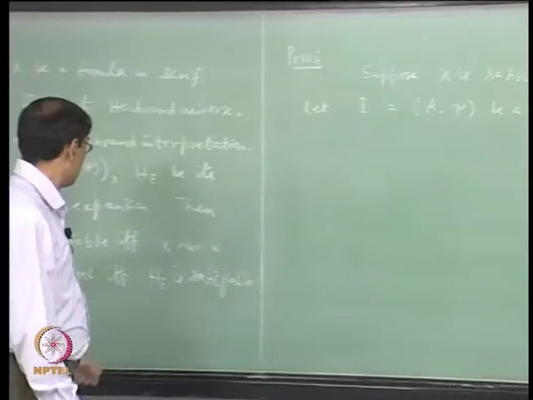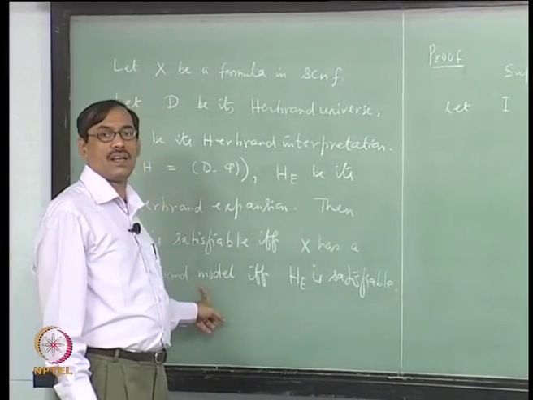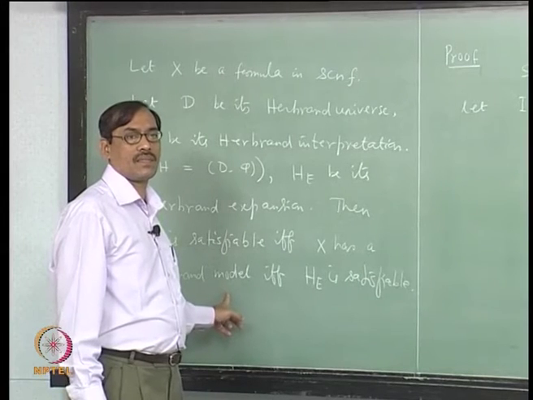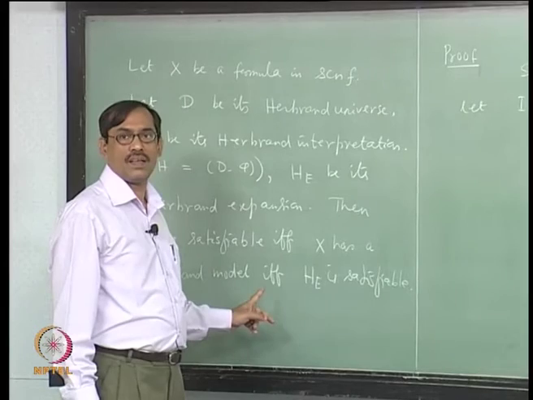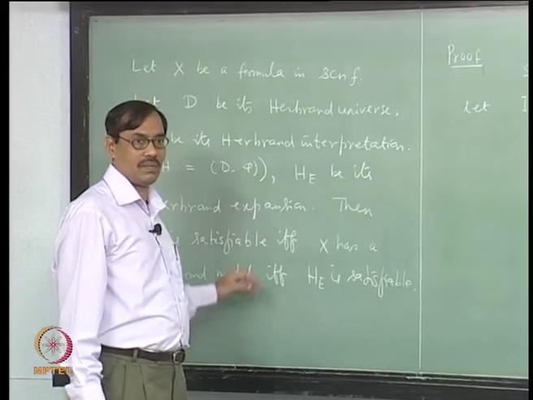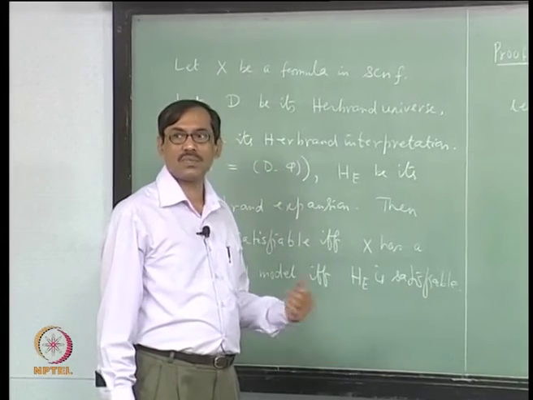Now, we want to show that this has a Herbrand model, okay. So, where from we get the Herbrand model? In the Herbrand model we have the Herbrand interpretation first, that should satisfy.